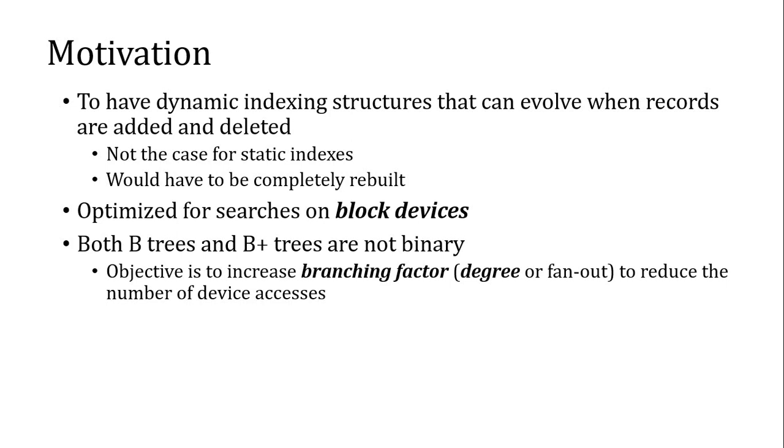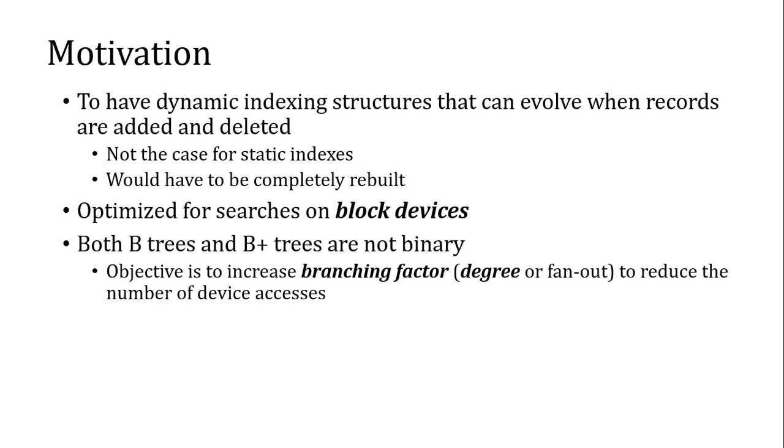Here we are learning a new type of tree, the B tree, from which the binary tree and other trees come. The motivation is to have dynamic indexing structures that can evolve when records are added and deleted, not the case of static indexes.